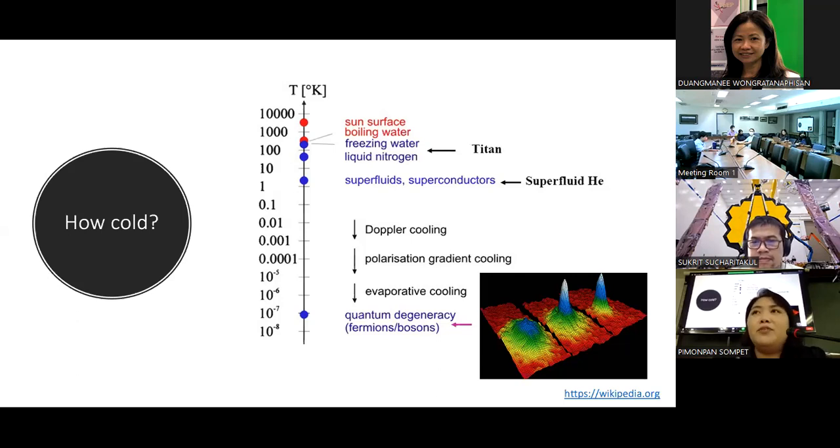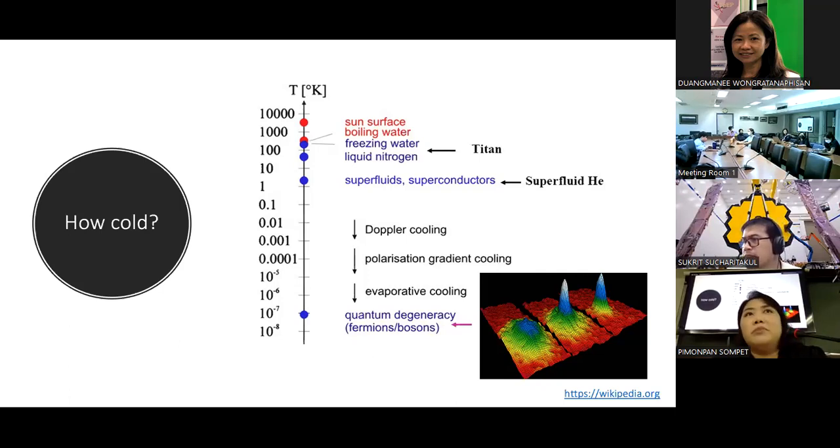If we keep cooling further, we can reach the quantum degeneracy state, which is a billion times colder than room temperature. It is extremely cold, and nowhere else in the universe is as cold as what we can do. This is much colder than nature could provide.